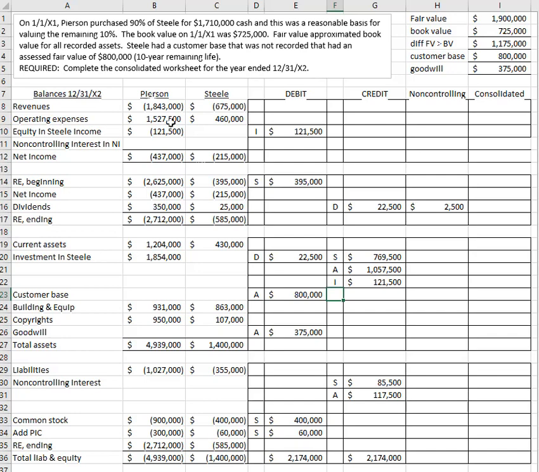All right, let's amortize the customer base. They have a 10-year life. That would be $80,000 a year. And hang on a minute. We're in year 2. We bought it at the beginning of X1. This is X2. So we would have 1 year of amortization already in this account last year.